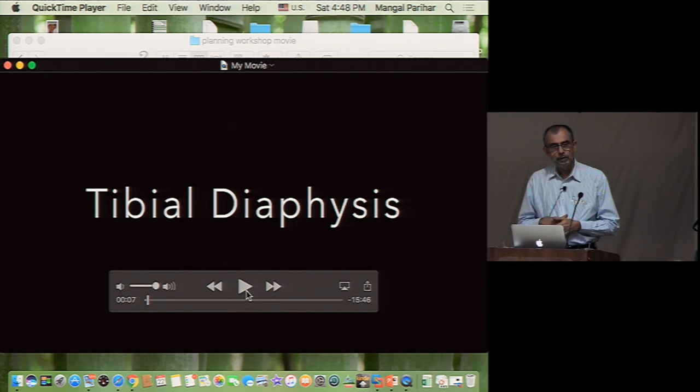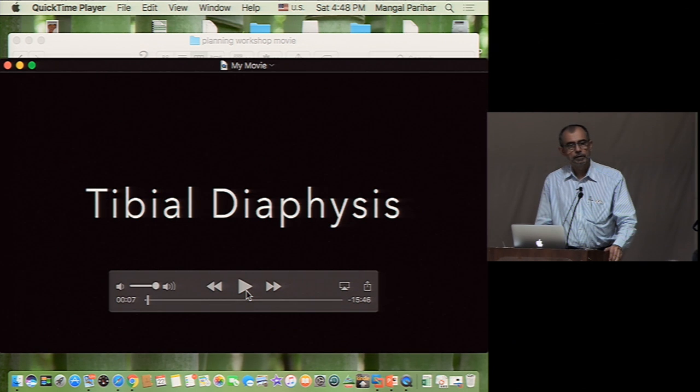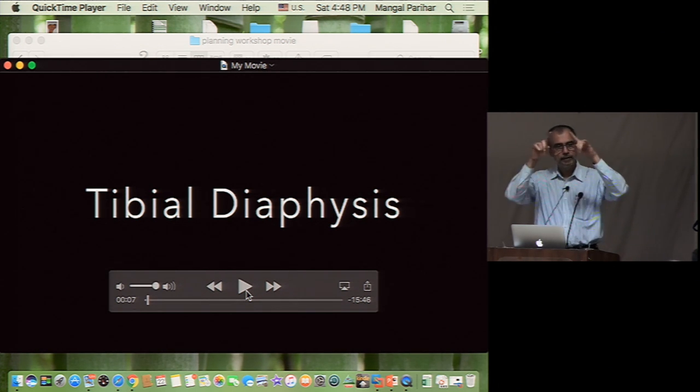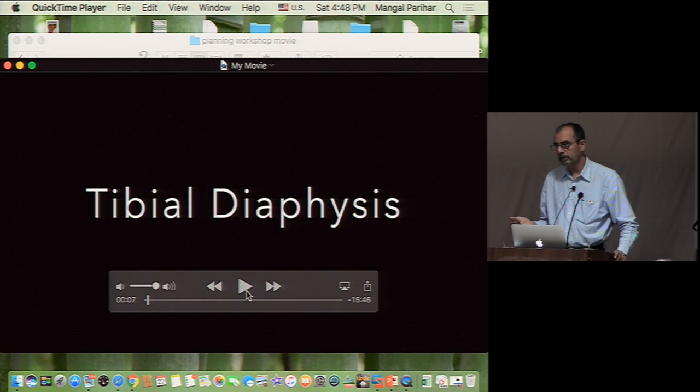So now there are two ways that you can do this simulation. You take your X-ray, make a tracing, draw all your lines, and then if you are going to cut out a wedge, actually cut it out, close that, do the paper tracing, cut the paper tracing and check what is happening.